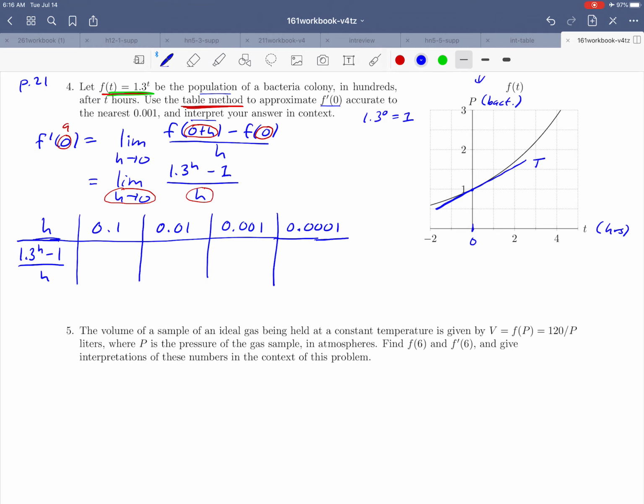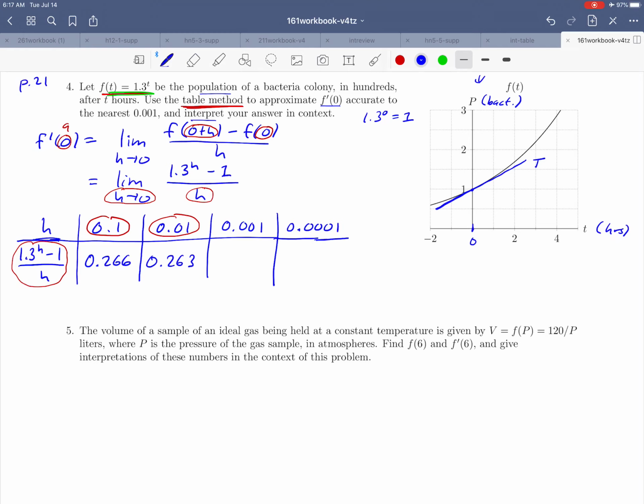All right, so at this point, you would go to your calculator, take h equals 0.1 and substitute it into this expression. I'll let you confirm that if you do that, you're going to get 0.266 if you round off to 3 decimal places. Then you do the same thing for the other numbers. If you substitute 0.01 in for h, what you're going to come up with is 0.263.